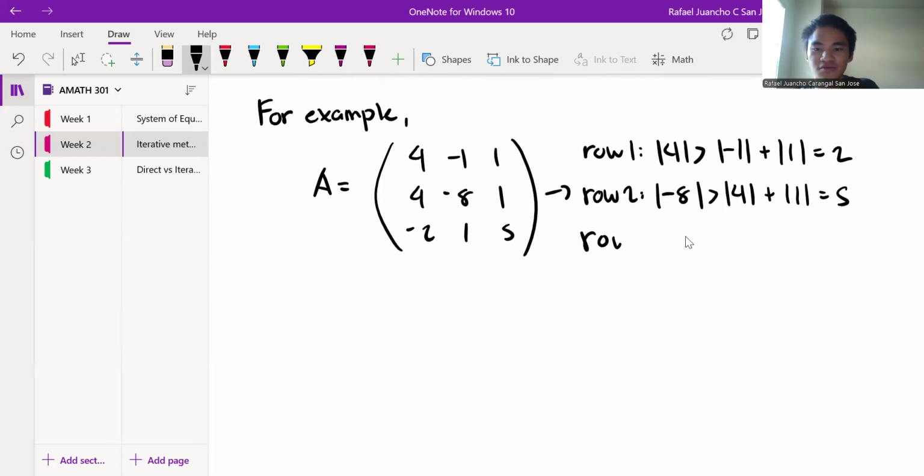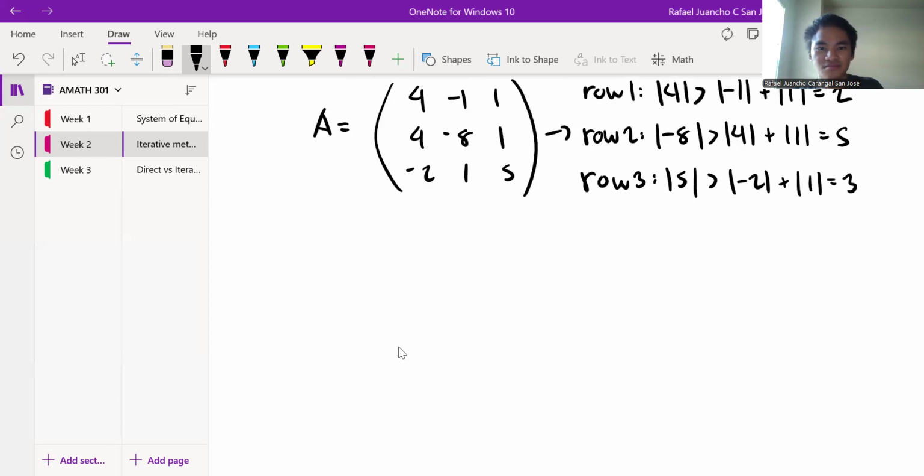Now we look at row 3. Here, the diagonal term is 5, so we take the absolute value of the diagonal term, which is 5. Is it greater than -2 plus 1? Well, yes, because that's 3. And so we say that A is strictly diagonal dominant.